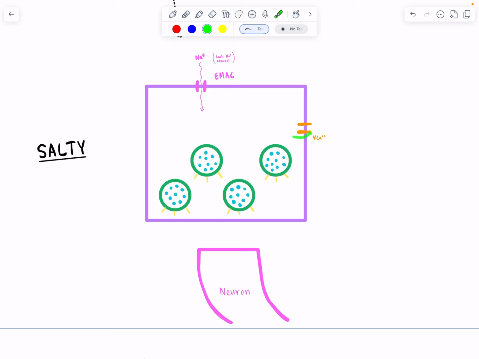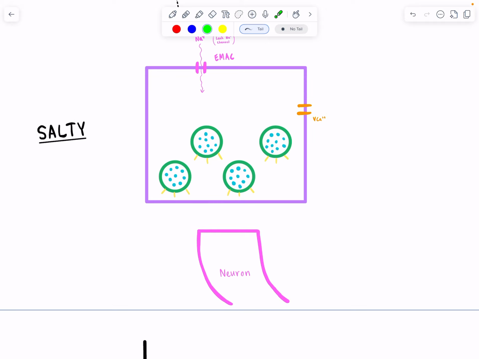Anytime there's depolarization, most of the time we're going to have a voltage-gated calcium channel, and that is going to bind to these vesicles, bind to the snare proteins and cause the release of a neurotransmitter, which then gets sent through the neuron to the brain, and that's how we interpret salty.